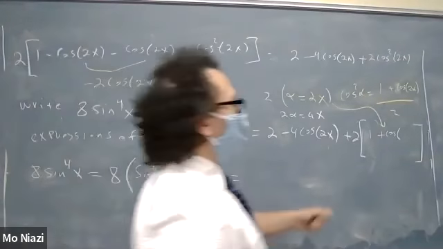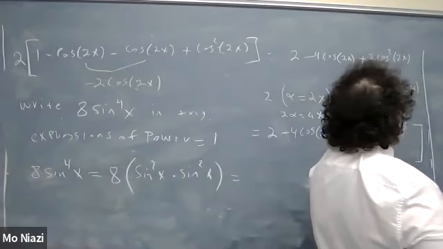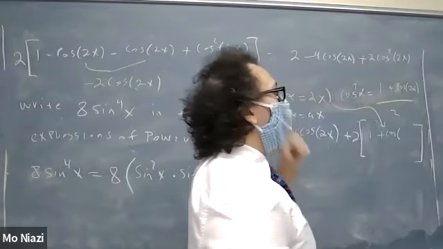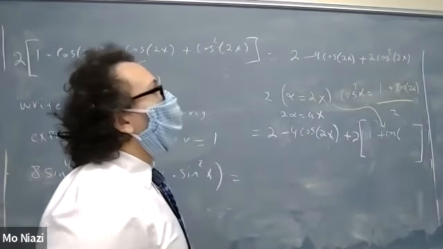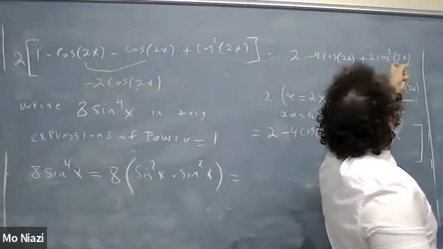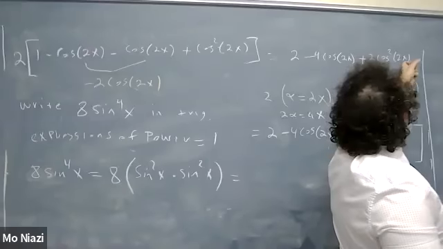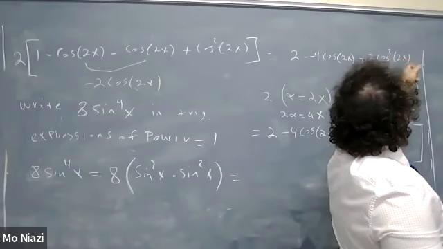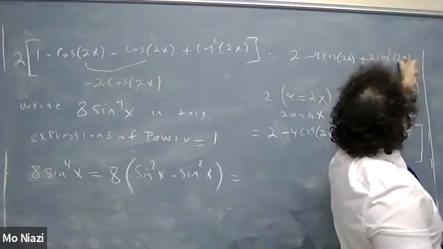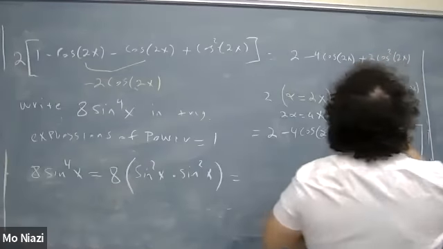So here was our identity. Cosine squared alpha is equal to 1 plus cosine of 2 alpha, divided by 2. We have this situation right here. So we're going to have to set 2x equal to this alpha.